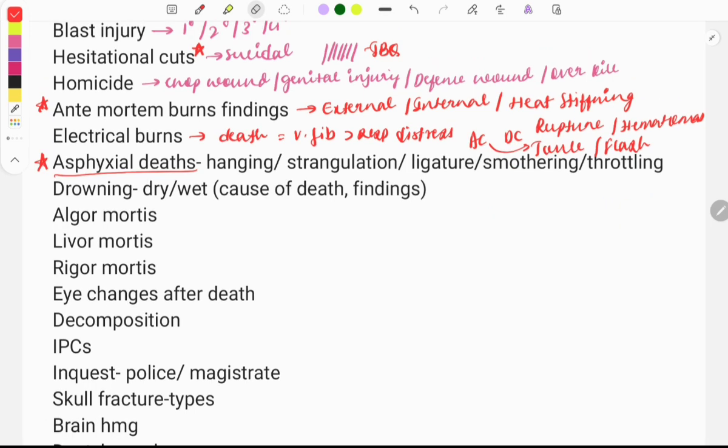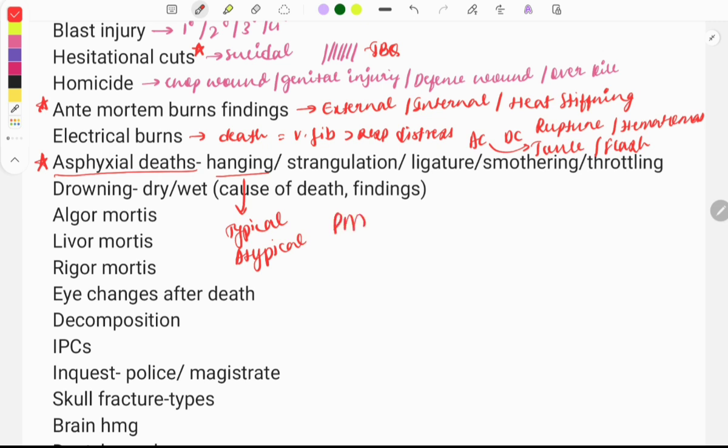So asphyxial death, asphyxia means pulselessness, and you can see various types like the hanging, strangulation, ligature, smothering, and the throttling. So hanging, as we all know, is of two types, the typical and the atypical. So you need to know the findings found in the typical and the atypical. And there are also postmortem findings.